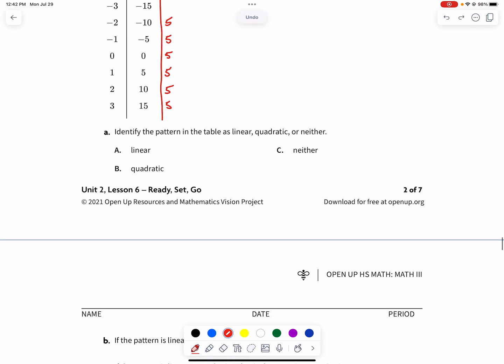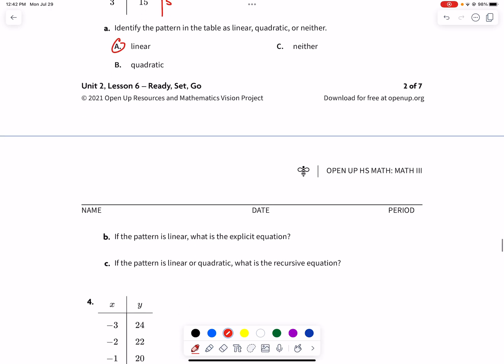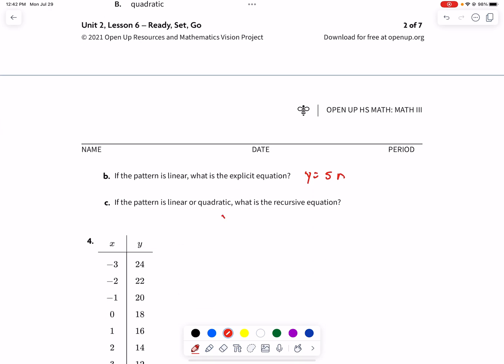And unfortunately, we have to go to the next page in order to figure out things, because they don't put good page breaks in this thing. Okay, it's just multiples of 5. The slope was 5, and the intercept is 0.